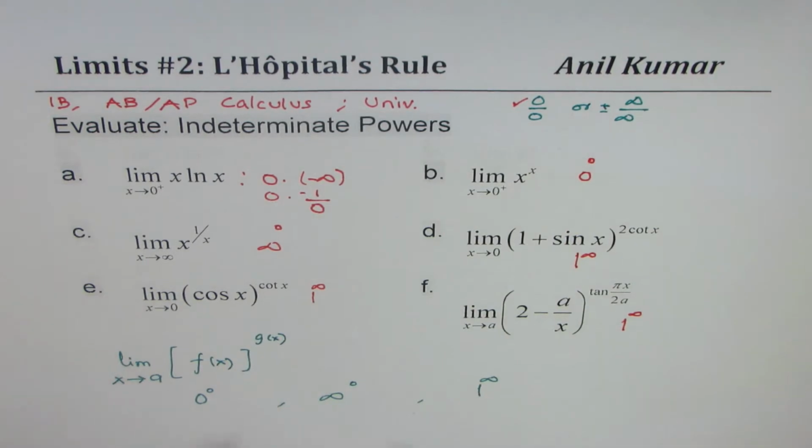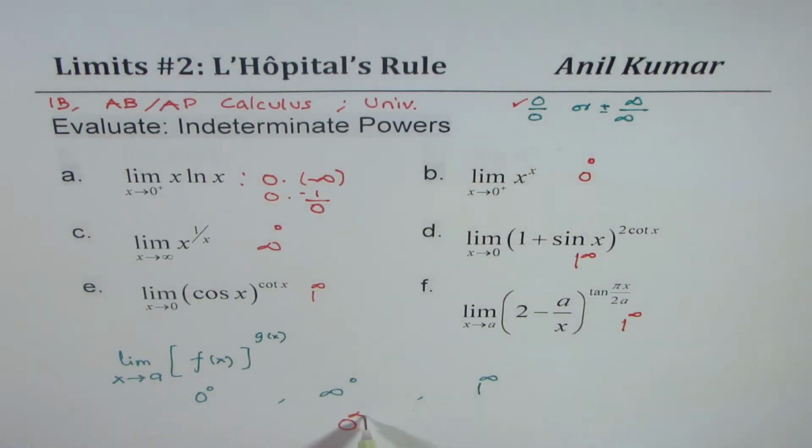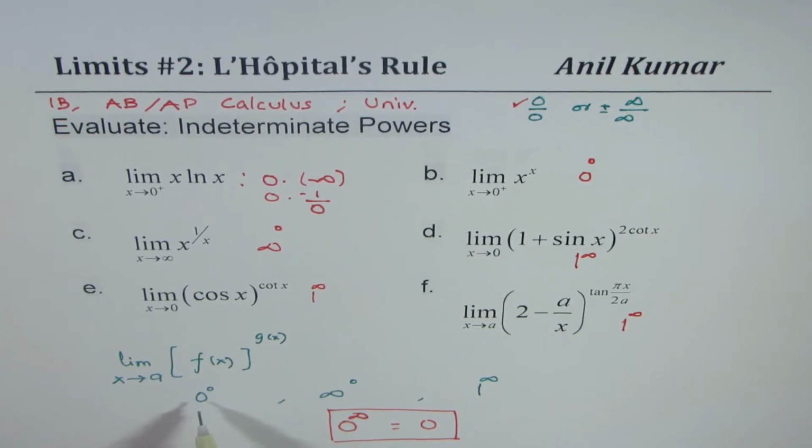You will notice here that we don't have anything like 0 to the power of infinity, right? This is actually equal to 0 only, so it is not indeterminate. These are indeterminate forms since anything to the power of 0 could be 1, right? But 0 to the power of anything is 0, so we are not very sure, correct?